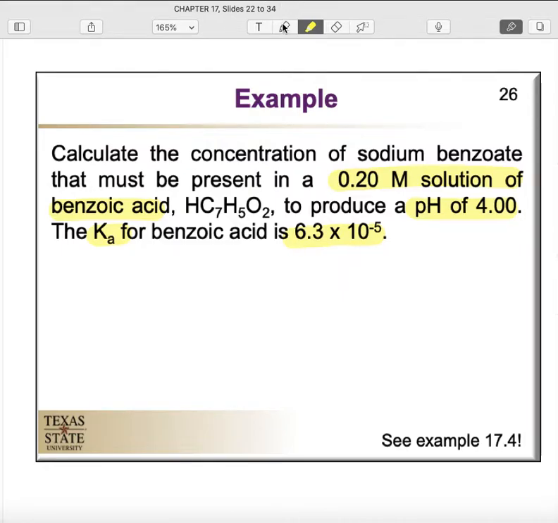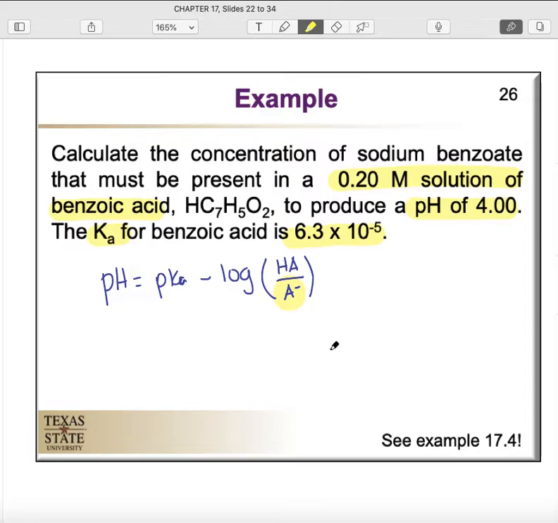So we're going to start again with the Henderson-Hasselbalch equation. So our pH is equal to the pKa minus the log of the concentration of the acid, HA, divided by the concentration of the base. In this particular case, I am actually interested in looking for the concentration of the base.